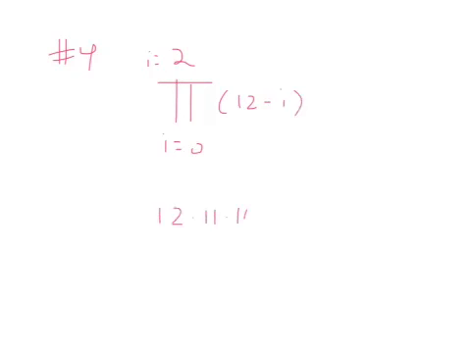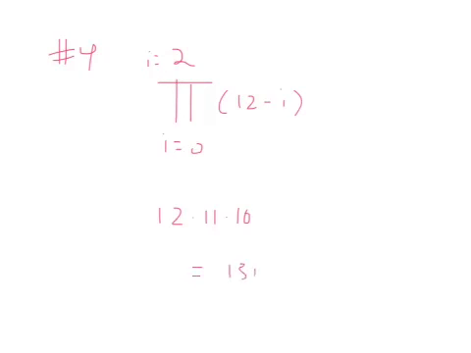Okay, in number 4, we've got i equals 0 to 2, and we've got 12 minus i. So here, we've just got 12 times 11 times 10, and what does this equal?